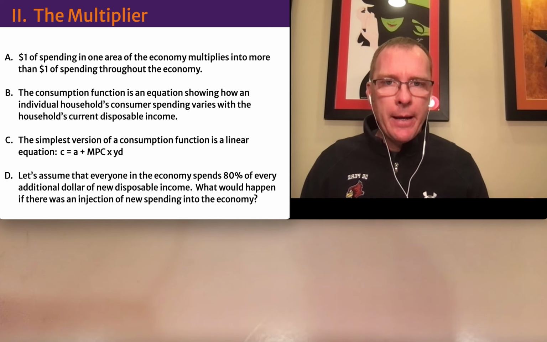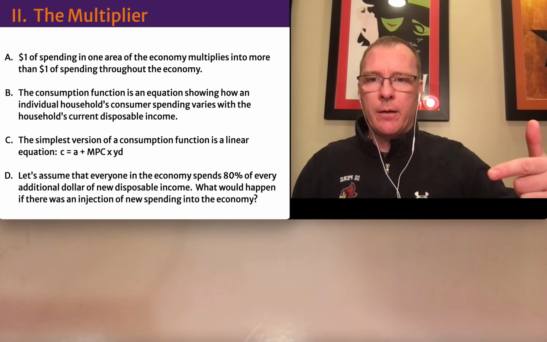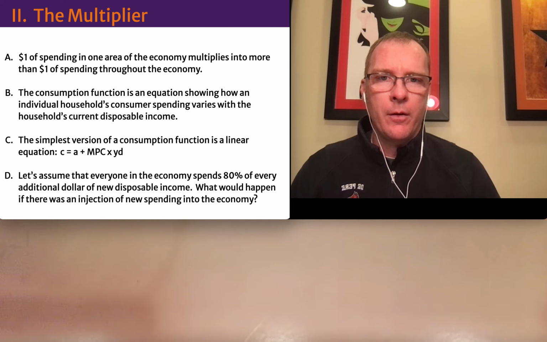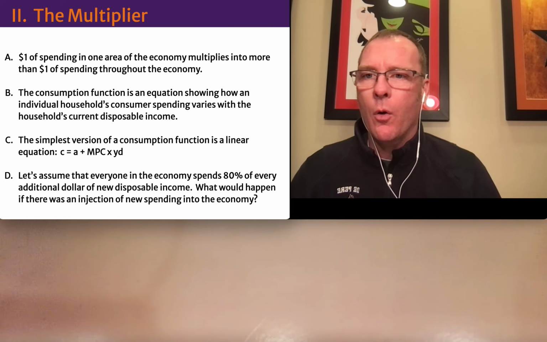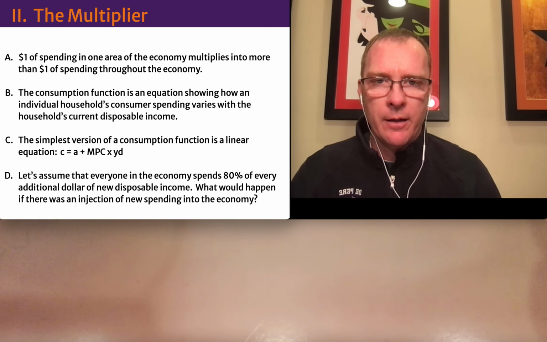But when they spend it, that means there's going to be more money in the economy. And that $1 is going to grow to a bigger number than just a dollar.